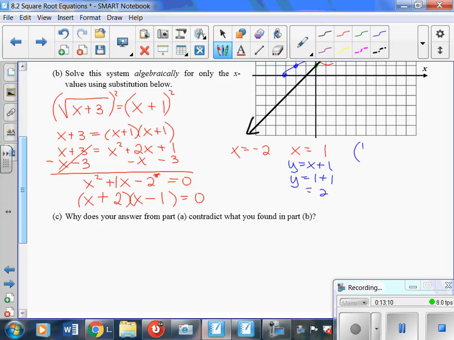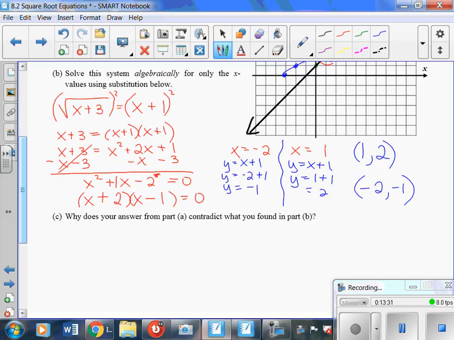So this point is 1 comma 2. And this one here, we can do the same thing. y equals x plus 1, so y is equal to negative 2 plus 1, and y is equal to negative 1. So they're saying that the other one is negative 2 comma negative 1.